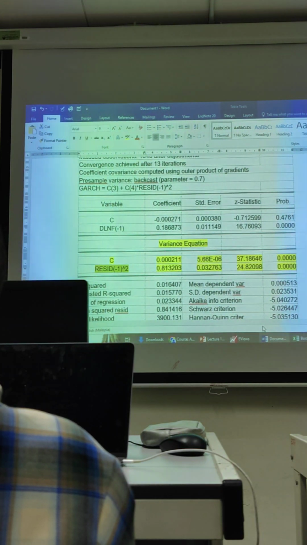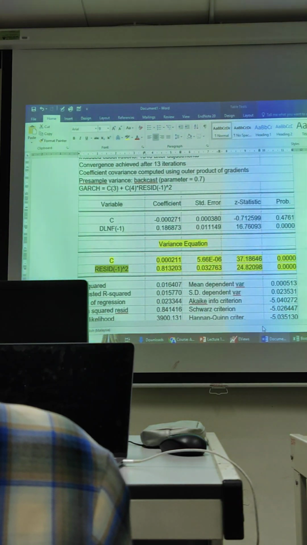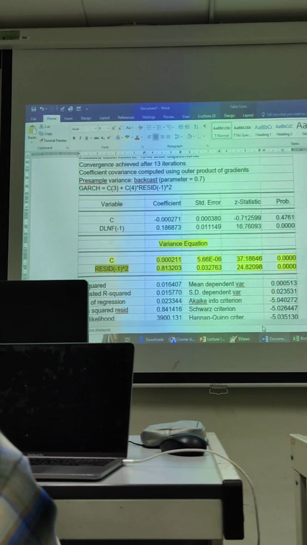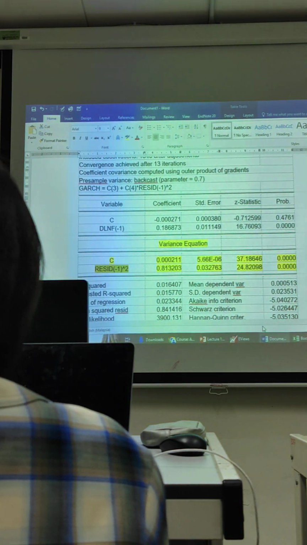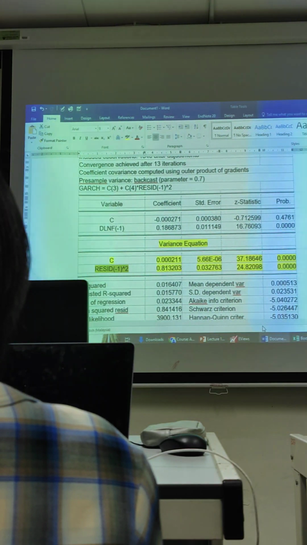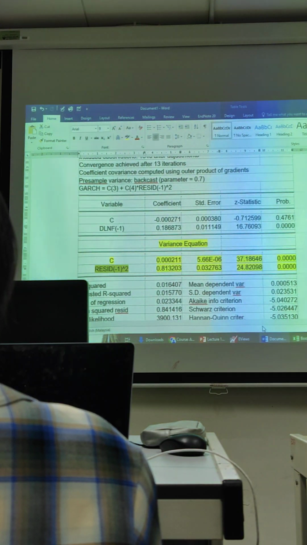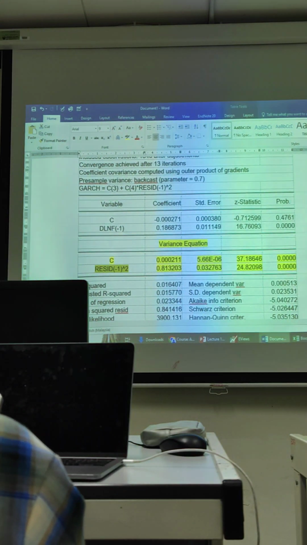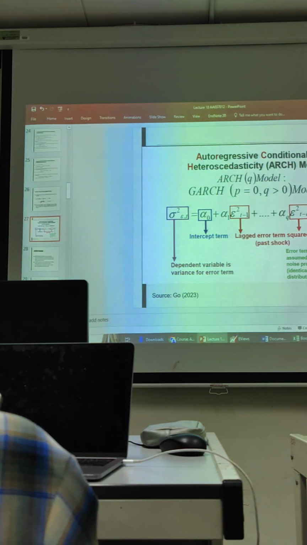And how about my variance equation? Remember another way to write sigma power of 2 at time t is H t. So H t equals the constant 0.0002, plus 0.8132 for decimal, times the residual minus 1 power of 2. You can refer back to here.